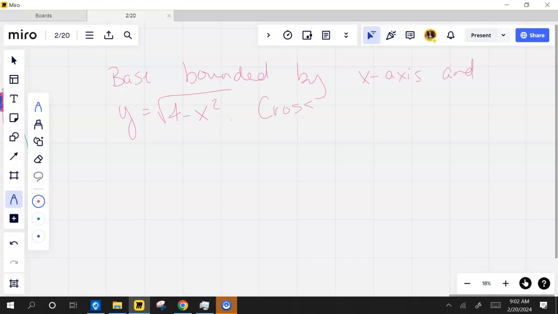Your cross section is perpendicular to the x-axis and is a square. Find the volume. And I'll give you a second to copy this.